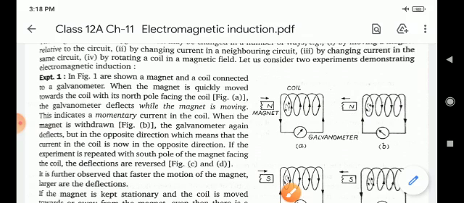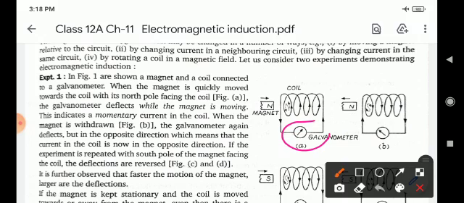Here in this galvanometer the arrow is anti-clockwise, therefore the galvanometer deflects. And here north is moved away from the coil, so a south pole appears and the galvanometer deflects in the clockwise direction.